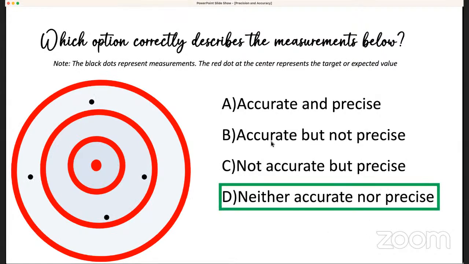The measurements described by this figure are neither accurate nor precise. They're not accurate because they're far away from the target, which is the center dot. And they're not precise because the measurements are not reproducible. The measurements are far from each other.